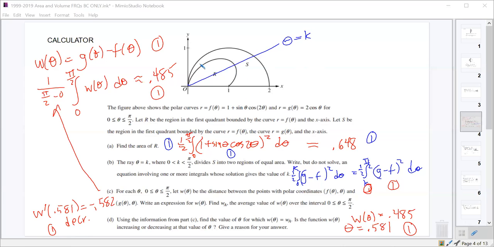Even though, yes, clearly it's obvious that that distance is decreasing. So make sure you do the derivative and show that. Everybody good? Any other questions on that one?